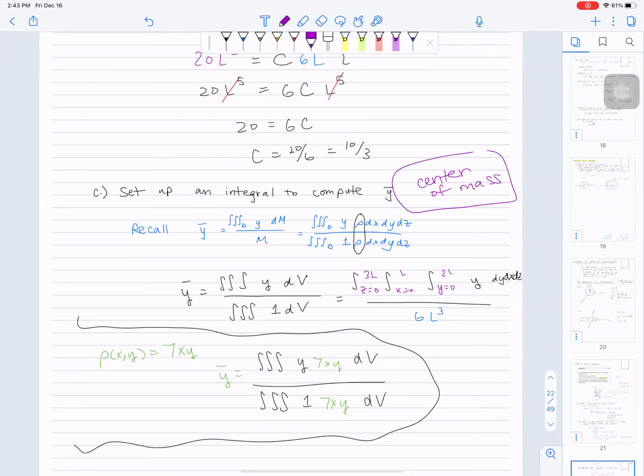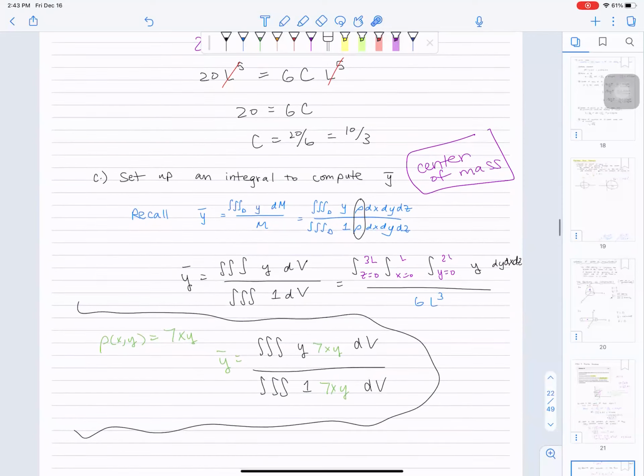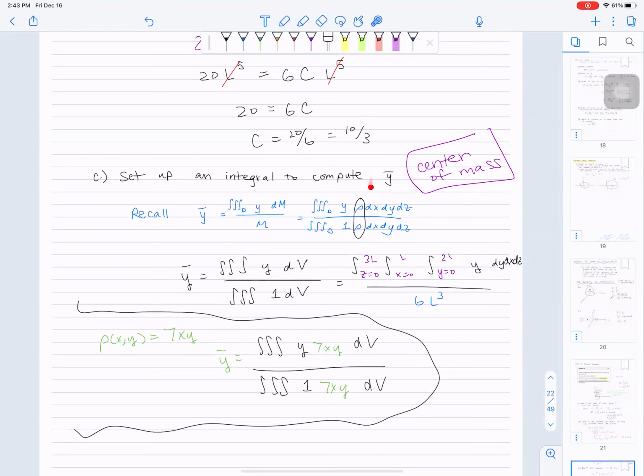Can I ask a follow-up question? Mhm. So when there is unit density, the coordinates of the center of mass is a centroid, right? Yes. So in this question, we're finding the y coordinate of the center of mass, which is why I wrote this formula in blue here.